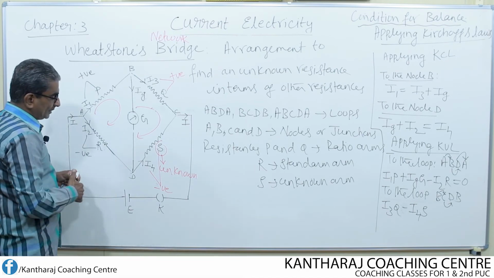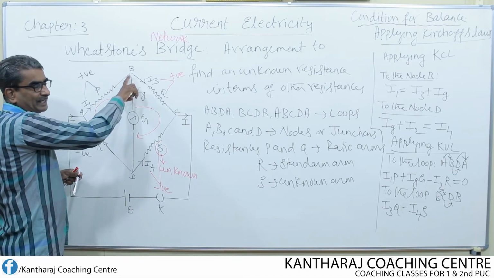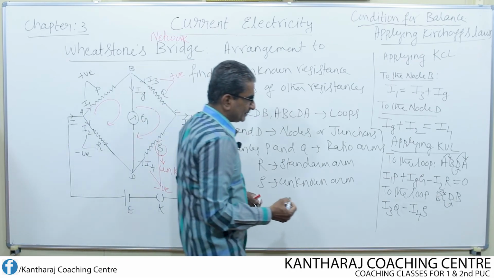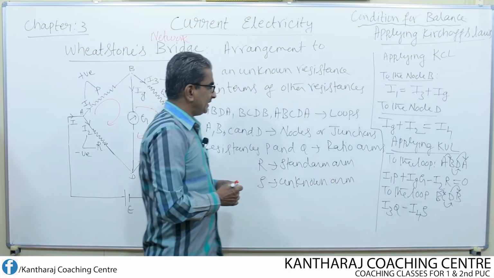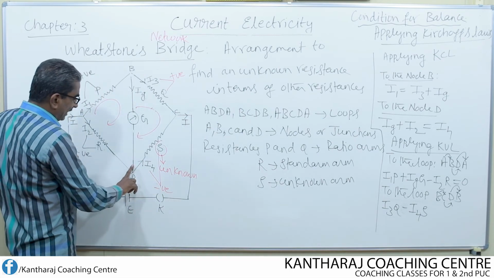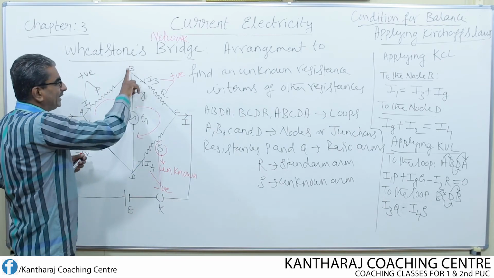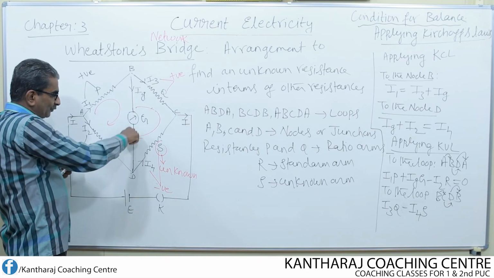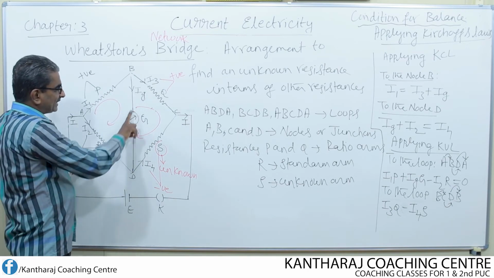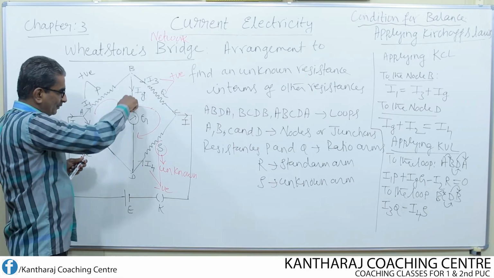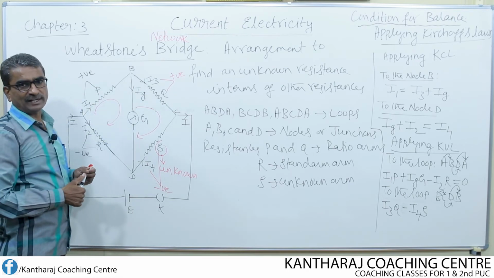Now, move from D and come back to B. I move from D and I reach the same point B. Then what happens? Look here. I am moving upwards, whereas current is flowing downwards. So, my direction of travel is upwards, whereas flow of current is in downward direction.